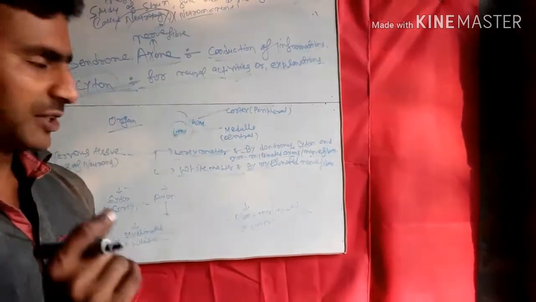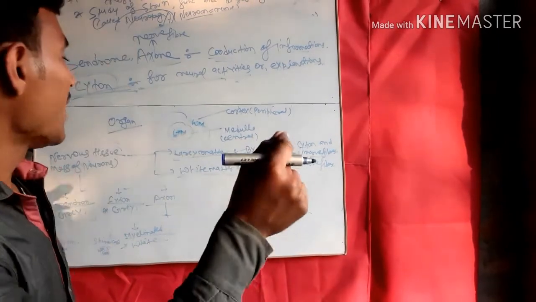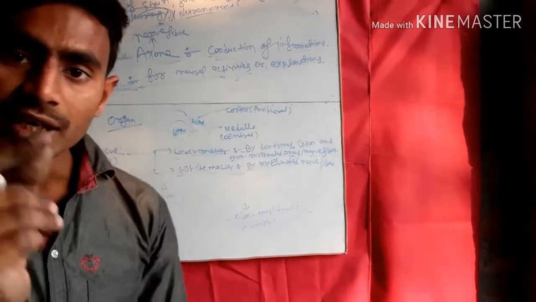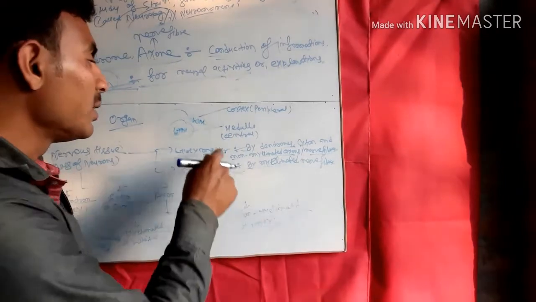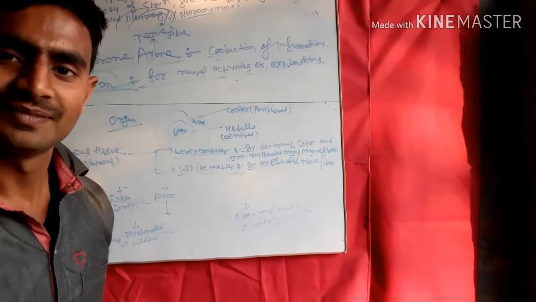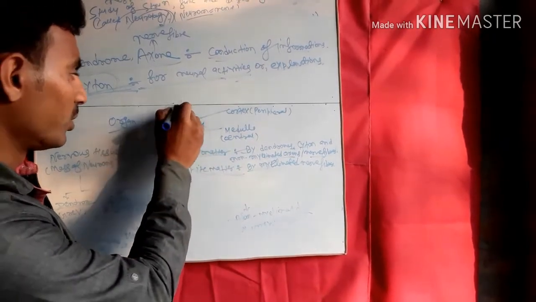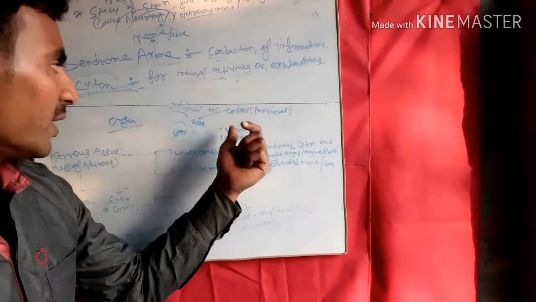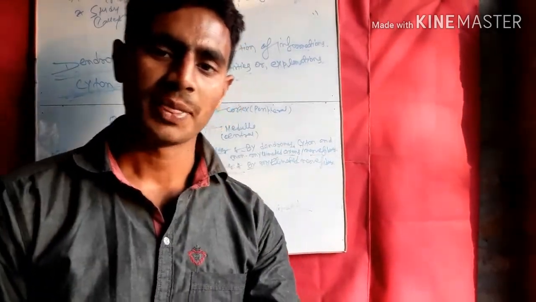Gray matter is present in the center in the spinal cord, and gray matter is present in the peripheral part in the brain. In the spinal cord, white matter is present in the cortex part, and in the central part, gray matter is present. Okay, thank you.